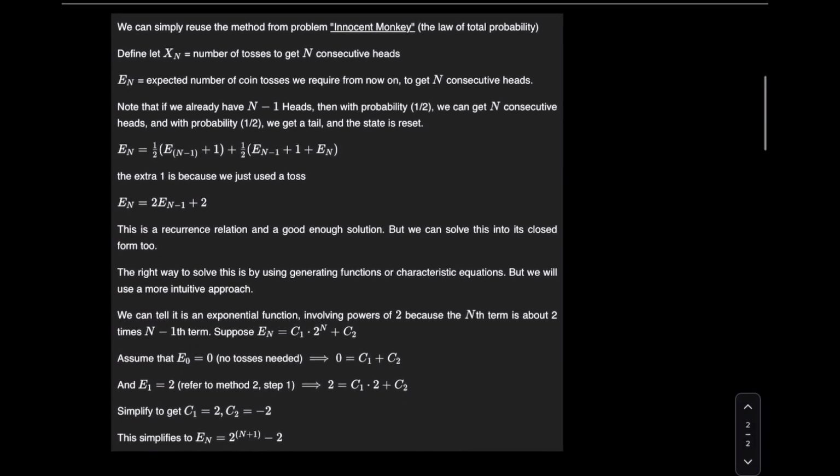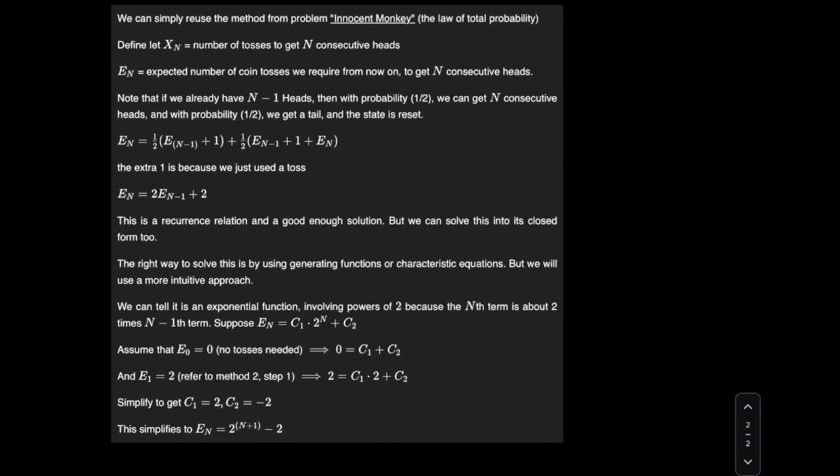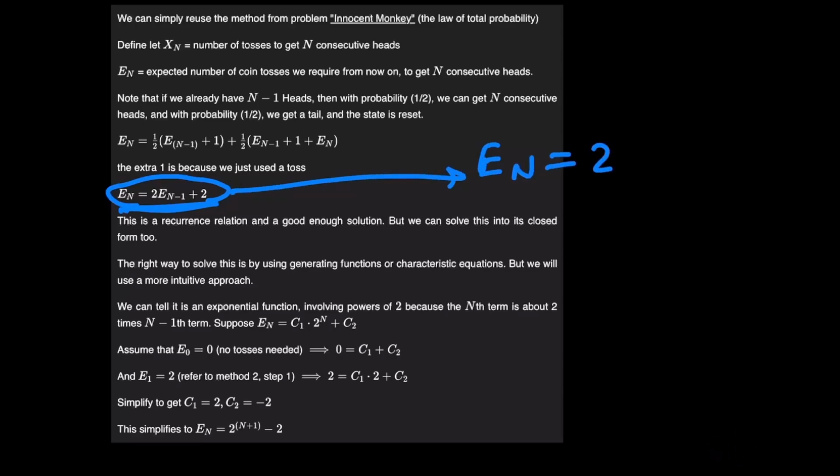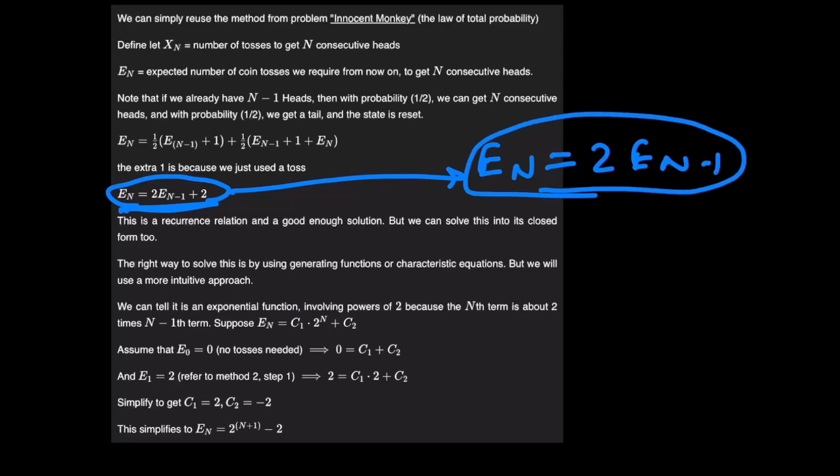This is the Brainstellar solution we discussed up to this point. Since E of n is always greater than twice E of n minus 1, this observation itself shows that the function E of n is going to be exponential.